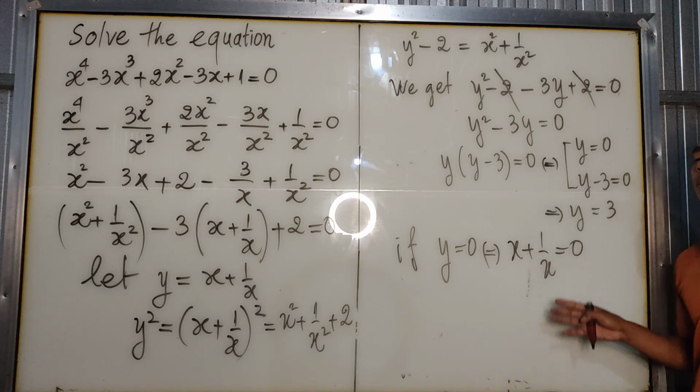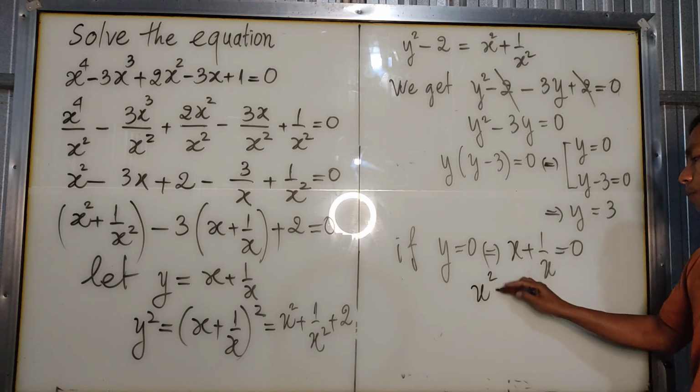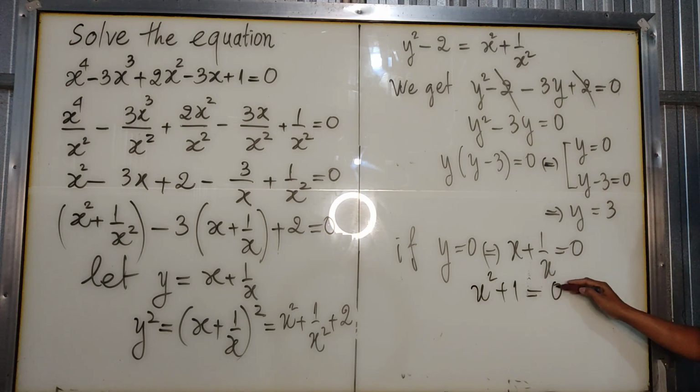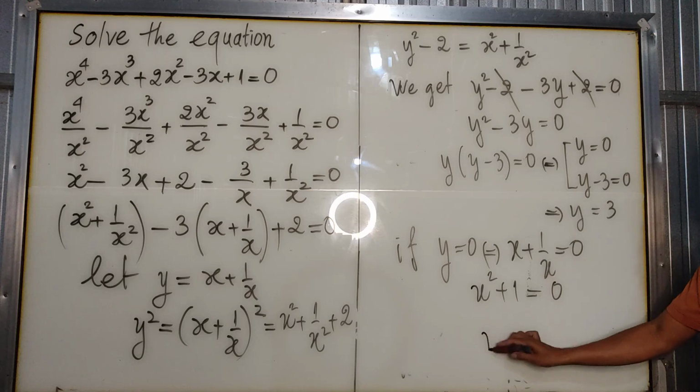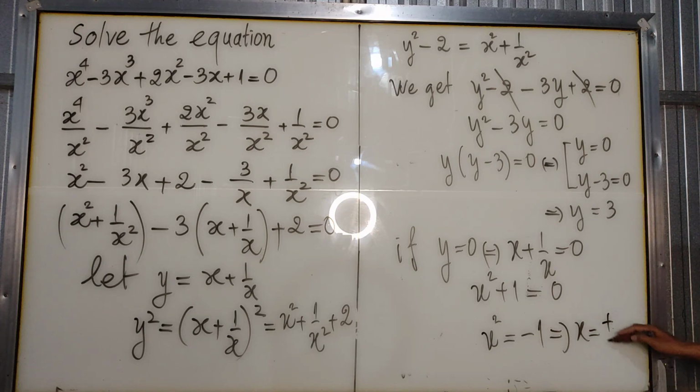We multiply both sides by x, so we get x squared plus 1 equals 0. And we get x squared equals minus 1. So x equals plus or minus i.